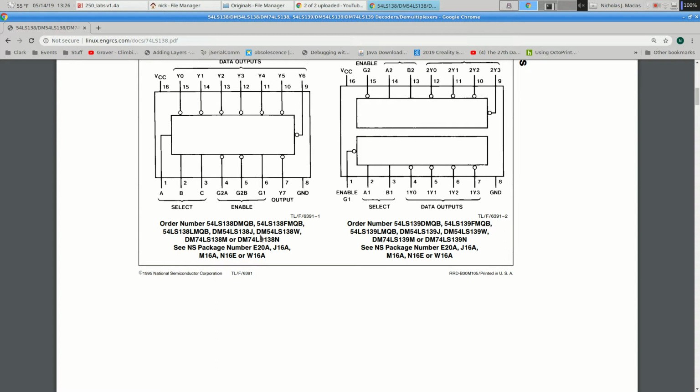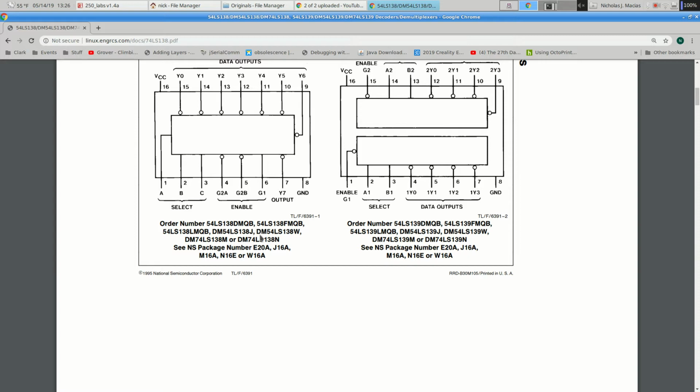All right, so the enable is funny. G1, pin 6, is just labeled enable. That's got to be a 1. So G1 pin 6 should be a 1. G2A and G2B, pins 4 and 5, they have little circles on them. That's telling us those should be low.